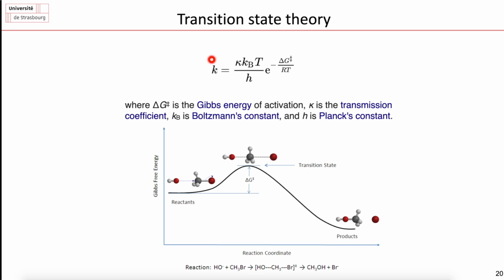So they obtained that the rate constant is now a function of the Gibbs energy of activation. Here R is of course the gas constant, T is still temperature, then the Boltzmann constant and Planck's constant, and kappa is what's called a transmission coefficient that is in many cases considered to be 1. But we will come back in later classes to transition state theory.